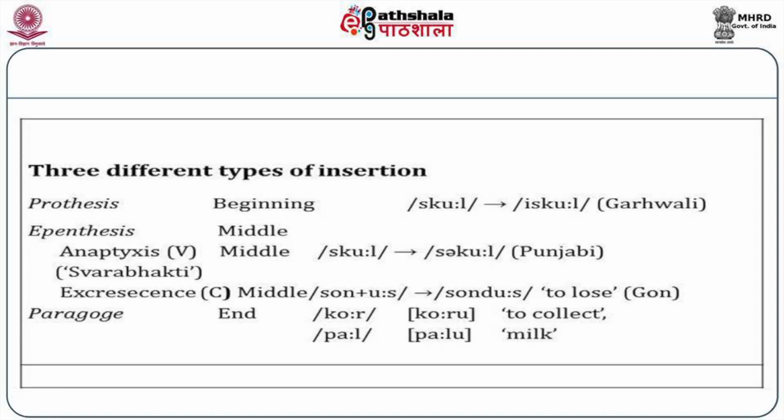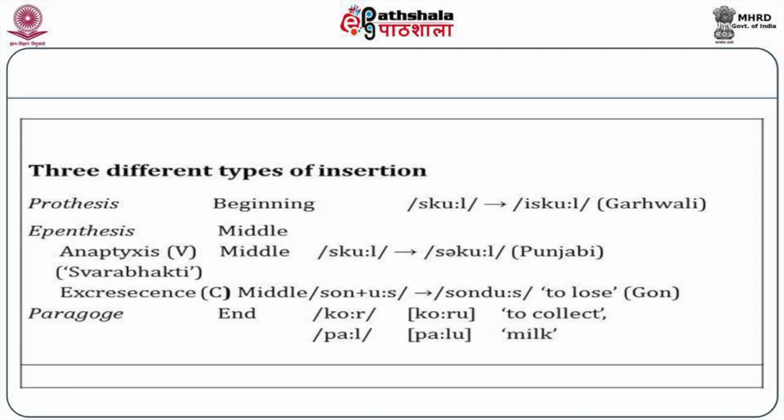The third type of insertion is paragoge, which means insertion at the end of a word. This is a very common process in world languages that do not like words to end in consonants. For example, Japanese is well known. All the loanword adaptations from English, such as bus as basu or book as buku, are well known.